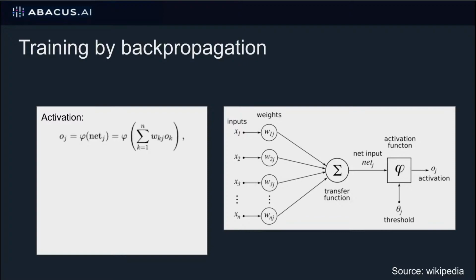It first computes the weighted sum of the network input j and then passes it through the activation function phi to produce the final activation Oj. We could then define a loss or error function E, which computes the difference between the output of the neuron and the target.